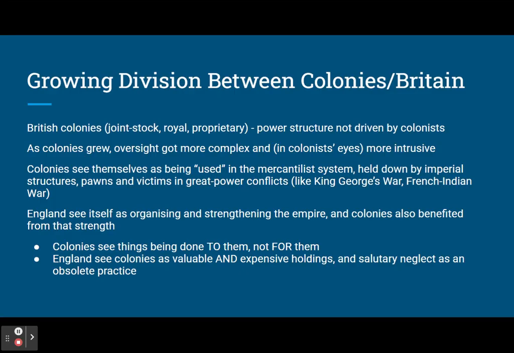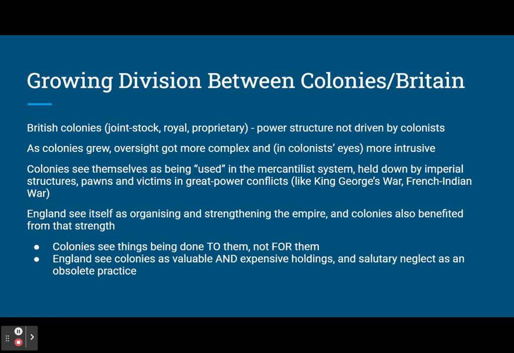Now, England saw it very differently. England saw itself as organizing and strengthening the empire, that the colonies were just another part of Britain. And colonists should be just as happy as any other British subject or citizen to work to strengthen the empire. And they also felt that colonies benefited from that strength. So what you can see here is this very divergent worldview.